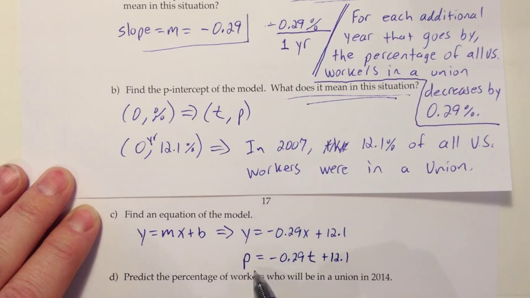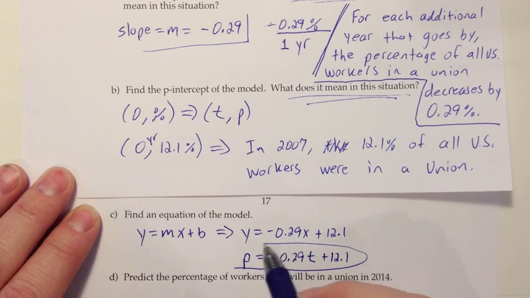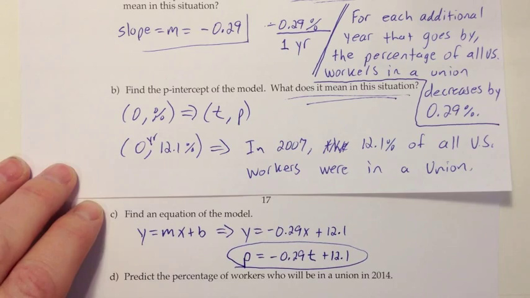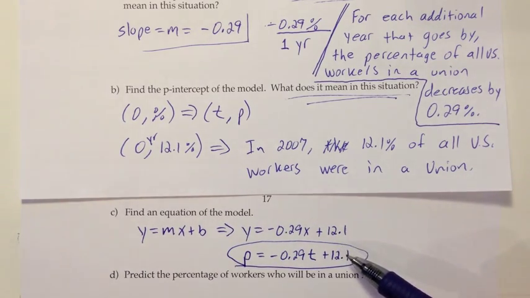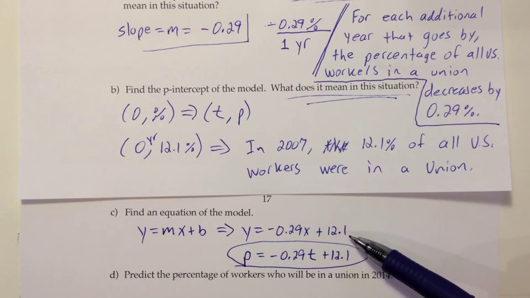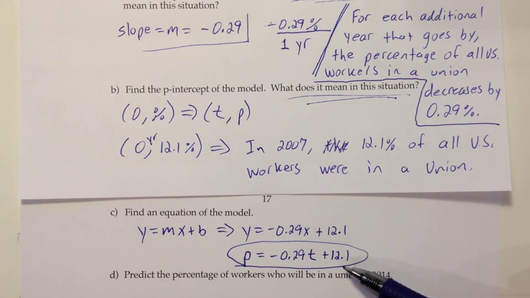So I went ahead and got the equation by just plugging in the slope and the y-coordinate of the y-intercept. And feel free to do that with x and y if you're more comfortable with that. If you feel okay with it, go ahead and go straight to the variables you need, which are an input of t and p. But for a lot of people, it's easier to do it with x and y first and then just switch it over to the variables you want after.